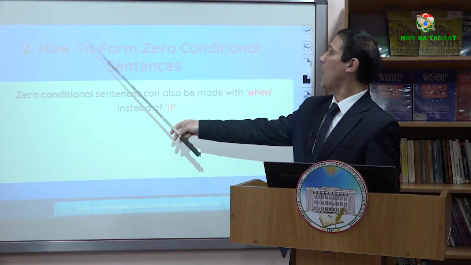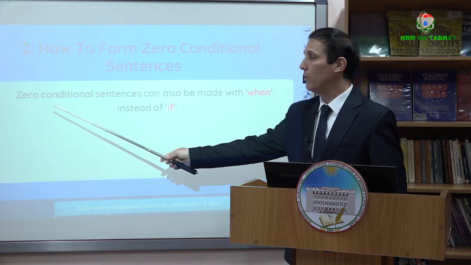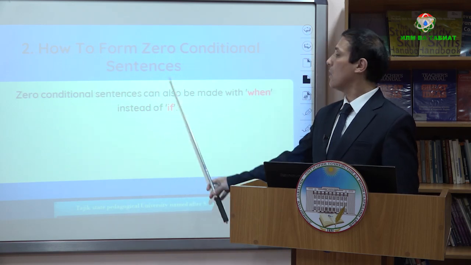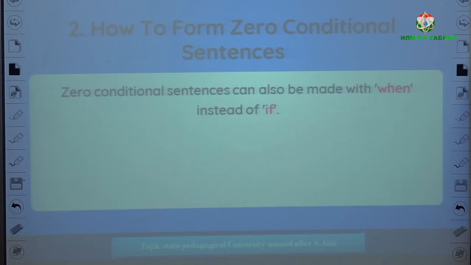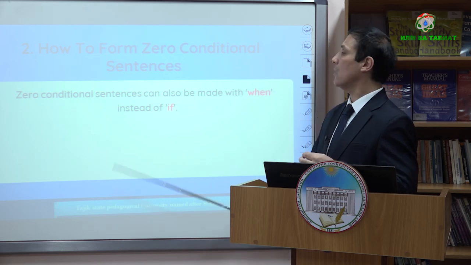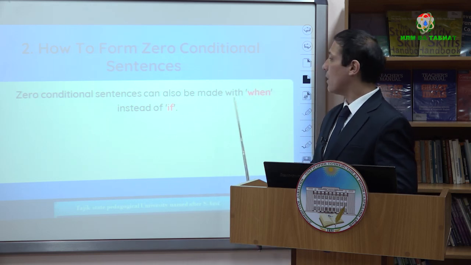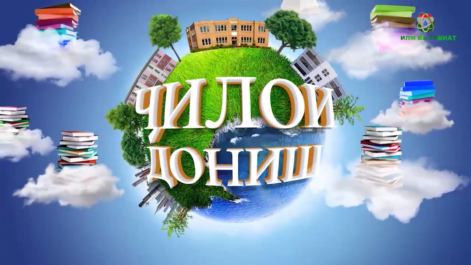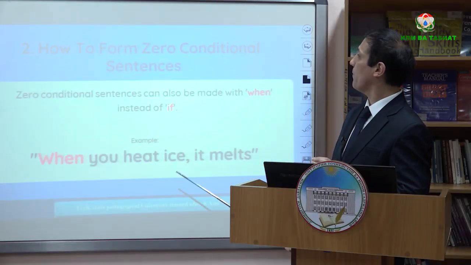Next is how to form zero conditional sentences. Zero conditional sentences can also be made with when instead of if. On one occasion we may use if, and on another we may use when.